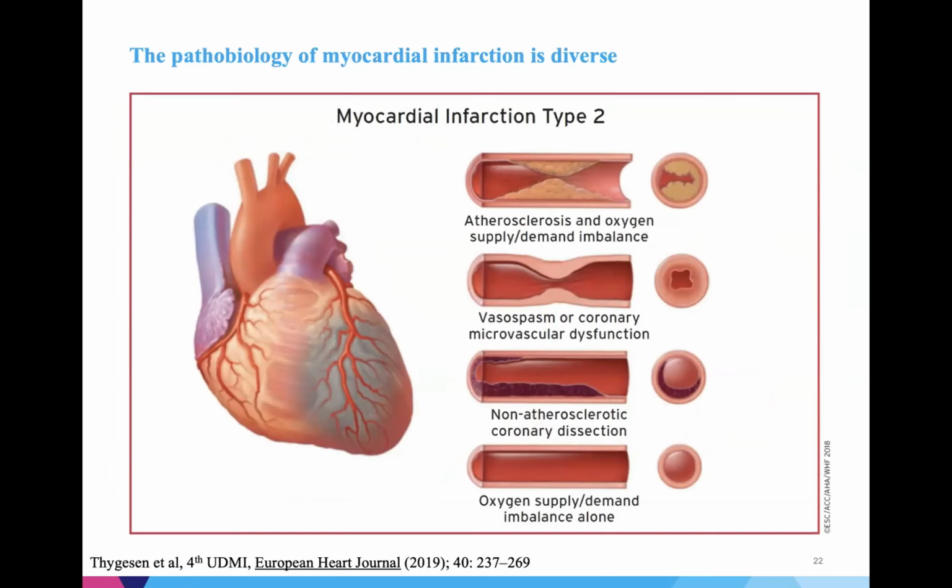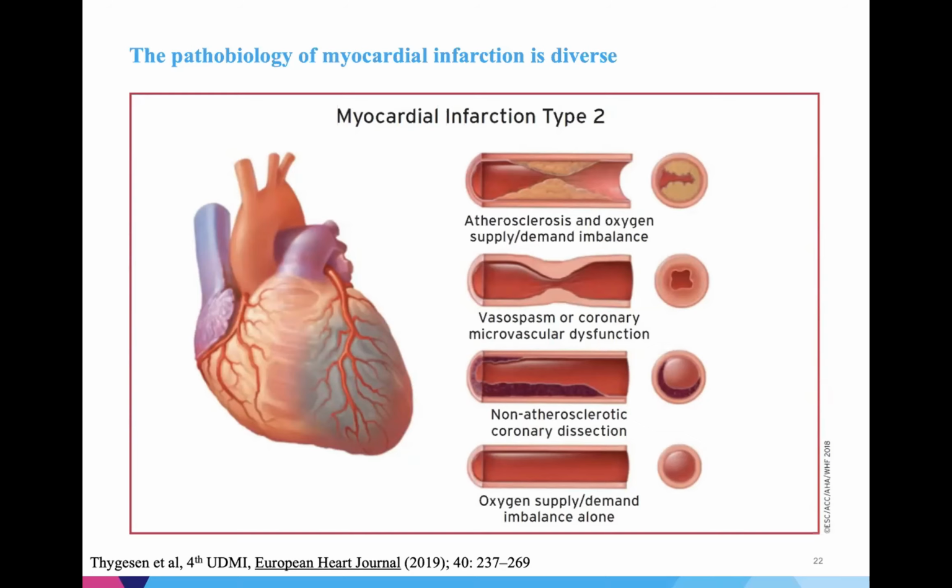Type 2 myocardial infarctions are characterized by an acute imbalance between myocardial oxygen supply and demand, and none of these entities has the formation of a thrombus inside of a coronary artery. Now, it encompasses a whole variety of anatomic findings, which can include chronic atherosclerotic plaque, vasospasm, spontaneous or iatrogenic coronary dissection, or even normal appearing coronary arteries.